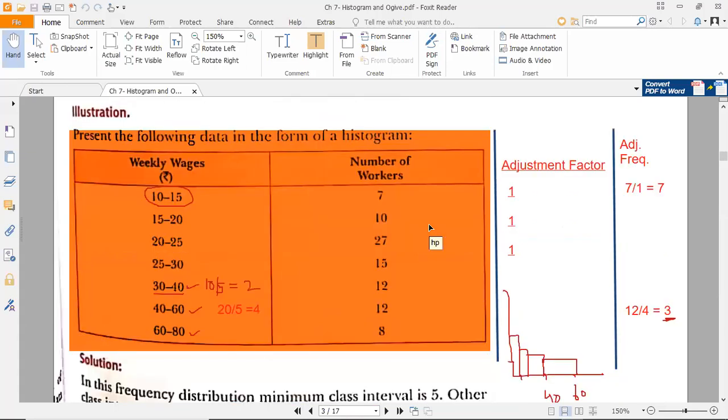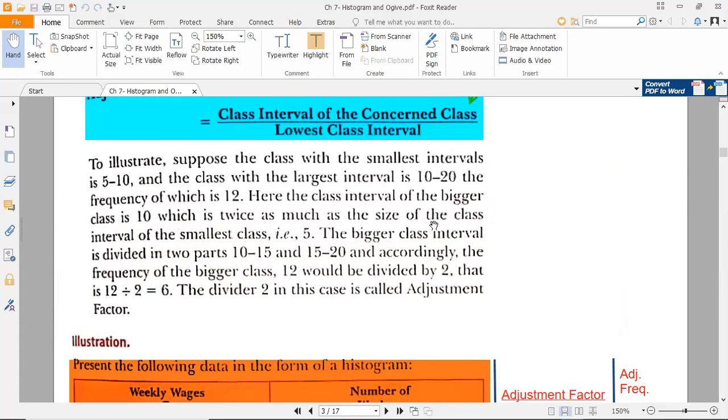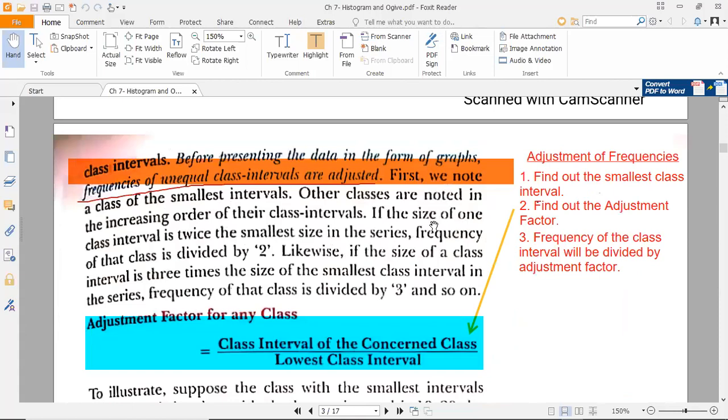I told you the steps for finding the adjusted frequencies. You find the smallest class interval, then the adjustment factor, which is equal to the concerned class interval divided by the lowest class interval, and then the frequency of the class interval will be divided by the adjustment factor. This is how it needs to be done. I hope everybody must have understood this.